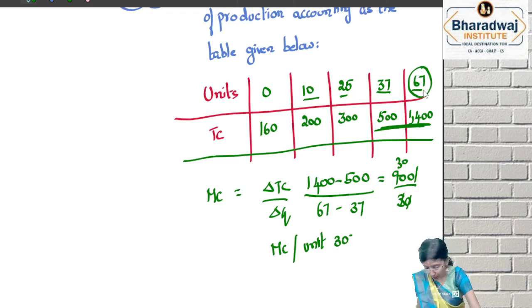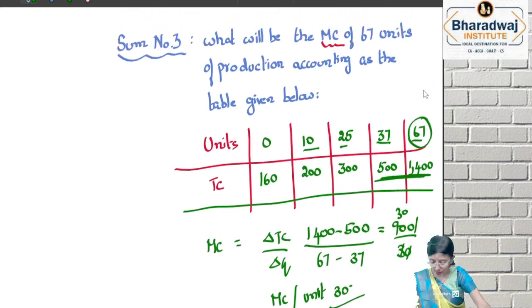So you have to find out the difference between the two cost components and the difference between the two unit components. So 1400 minus 500 and 67 minus 37 give you your delta C and delta Q, and I get the answer as 30. This is one model sum. I told you I'm choosing only model sums and giving them to you.